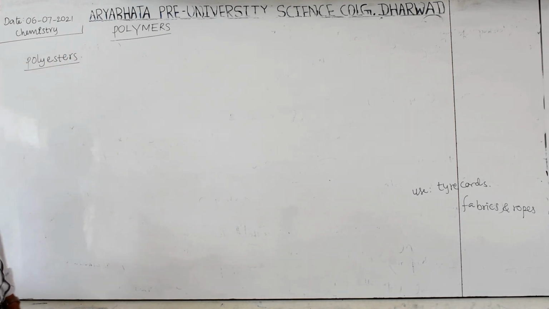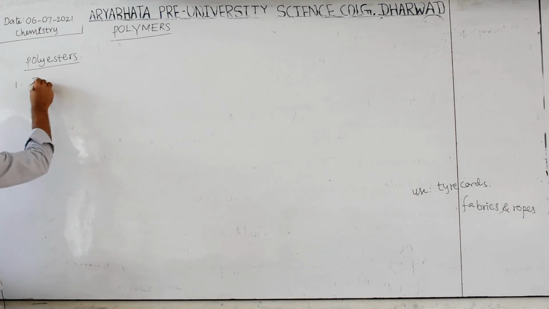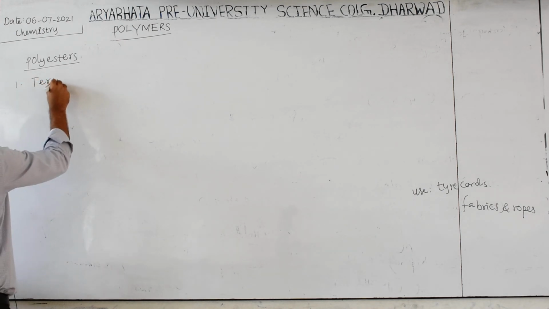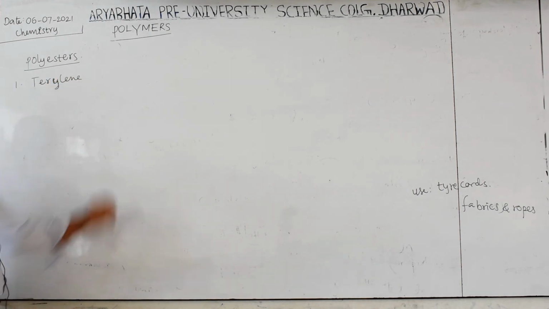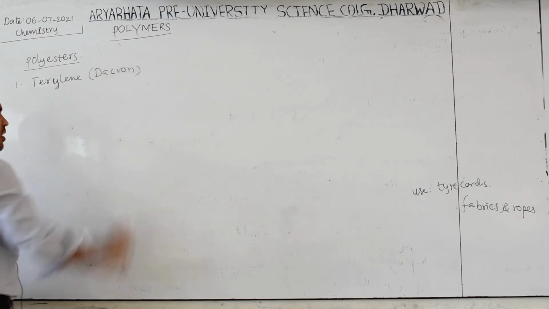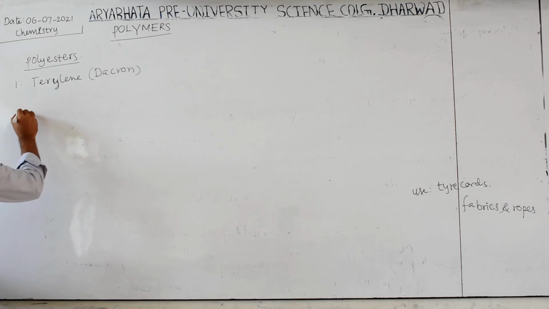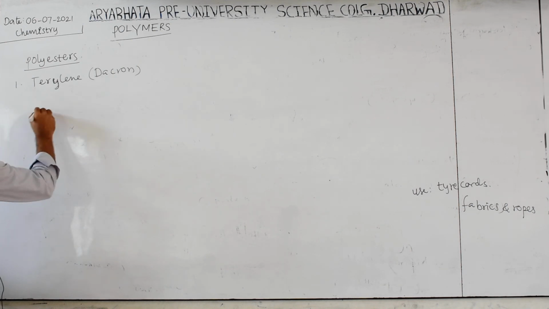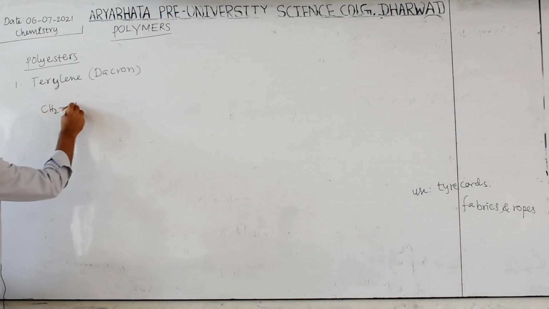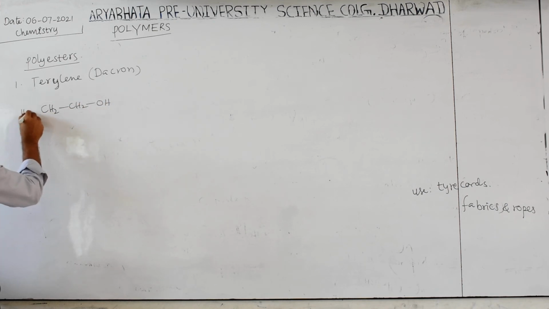Polyesters. In polyesters, the first one is Terylene. It is also known as Dacron. So first, the preparation. Ethylene glycol, this you know very well. What do you call this?